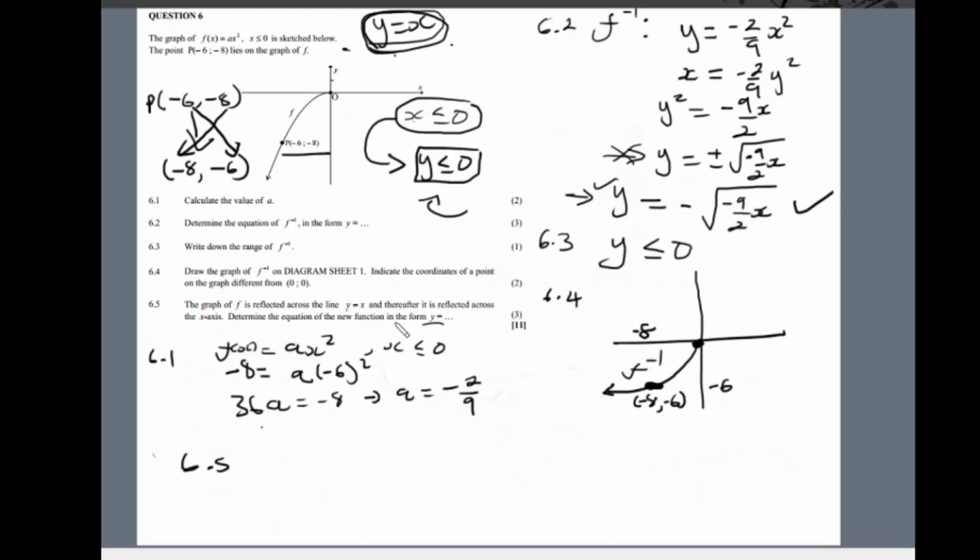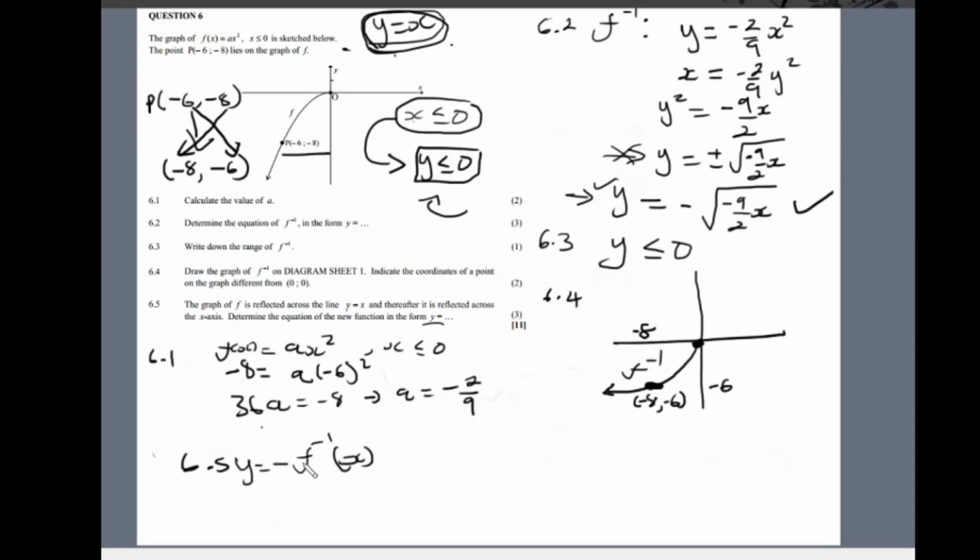And then the second part of the statement says we reflect this now across the x-axis. So when you reflect this across the x-axis, it means you will have minus f of x, right? So that will be your function y.